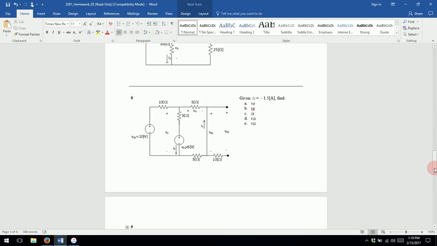They can be open circuited, but I can still define a voltage, and this voltage value is all I need in order to write a KVL equation. What is my rule for writing a KVL equation? I start at a node, I go through components once, and I end up at the same node. As long as I know the voltage value between those two nodes, I can jump from this node to this node by just taking this into account in my KVL equation.